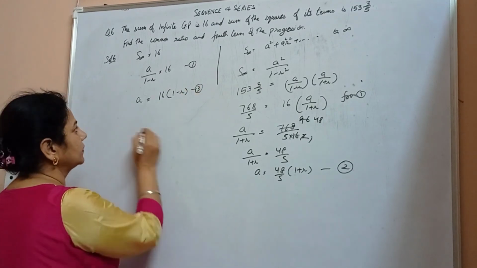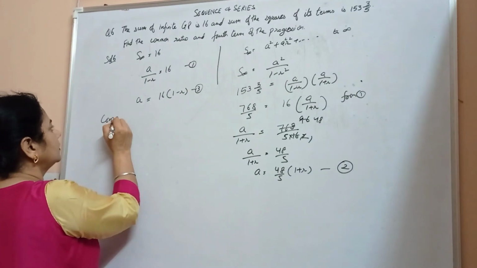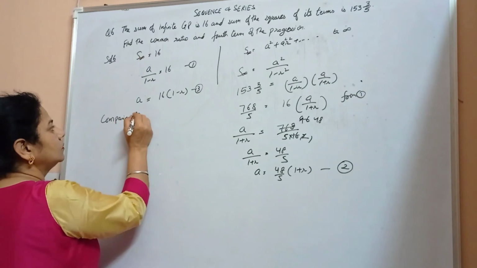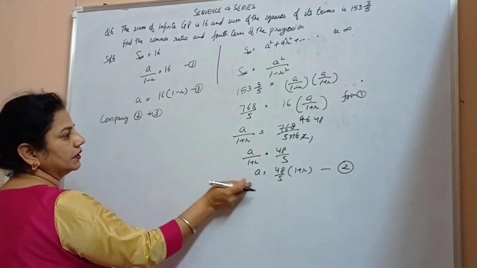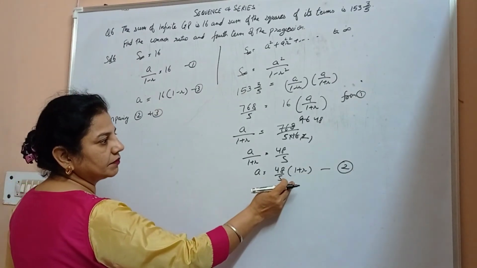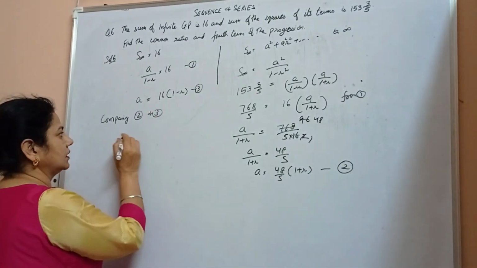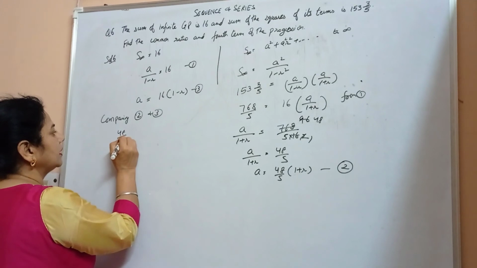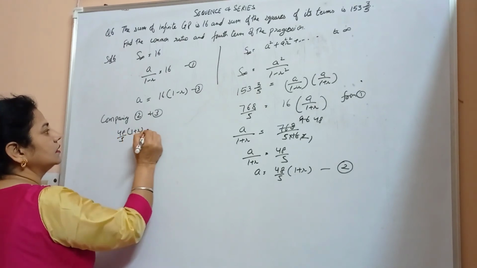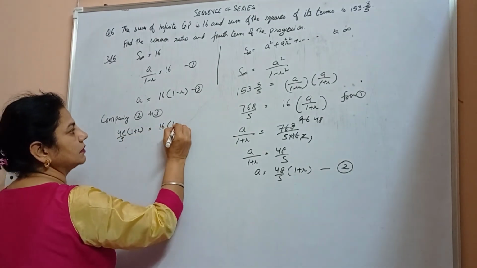Comparing 2 and 3. Comparing these two equations, a is 48 by 5 times 1 plus r and a is 16 times 1 minus r. I get 48 by 5 times 1 plus r is equal to 16 times 1 minus r.